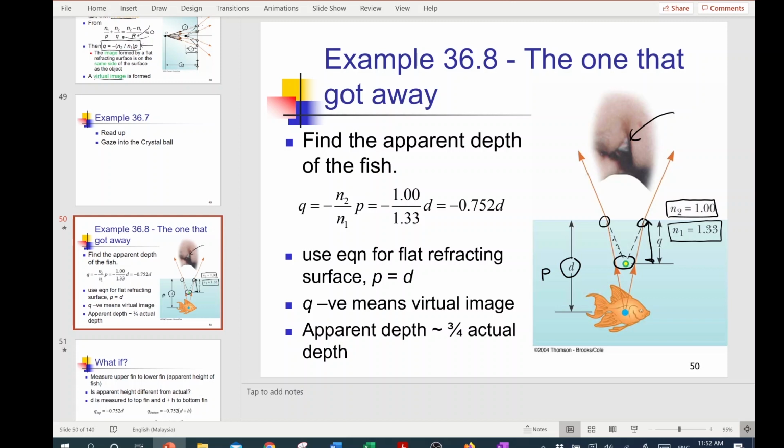Substituting into this equation, in terms of depth d, the position of the image is 0.752d, so it is basically about 75% or 3/4 of the actual depth of the fish. And the negative sign here means that a virtual image is formed.